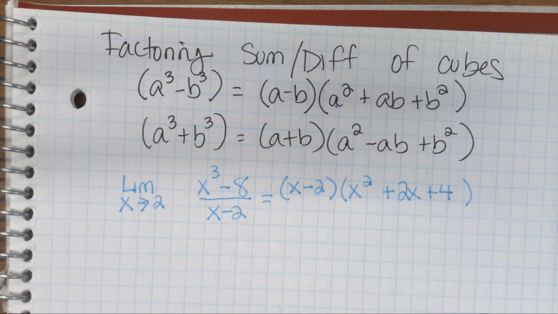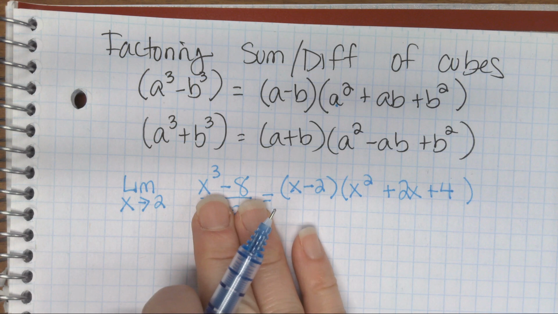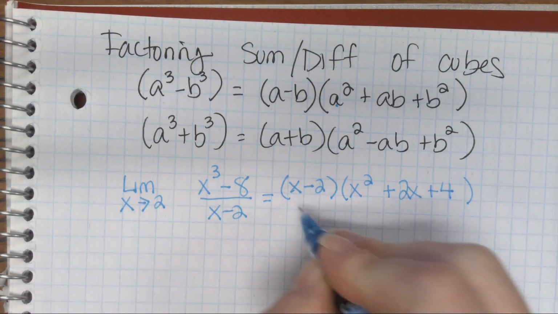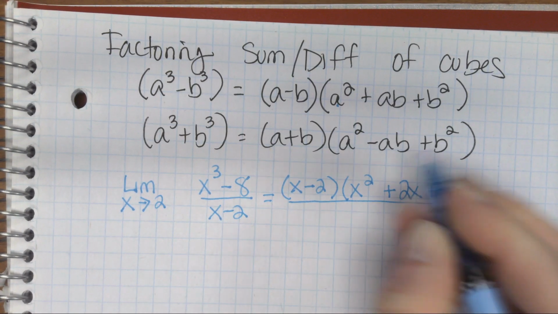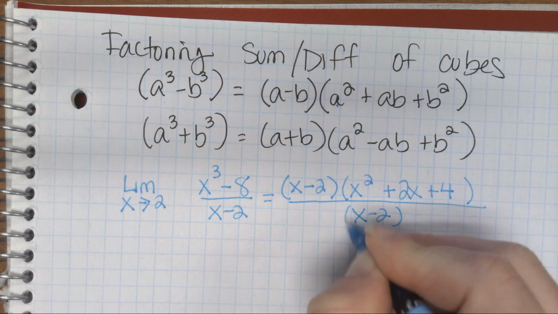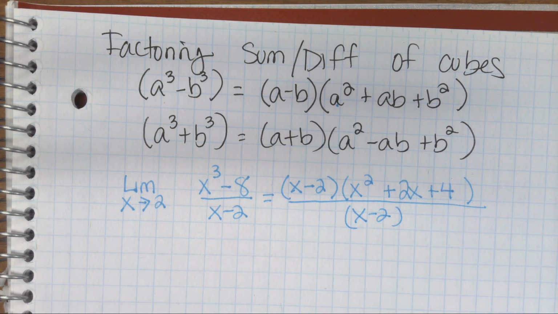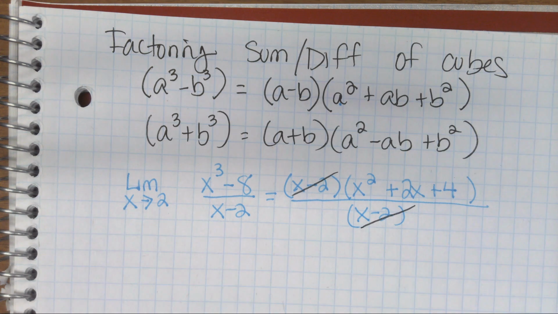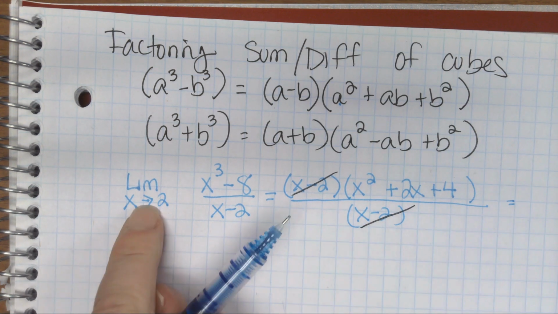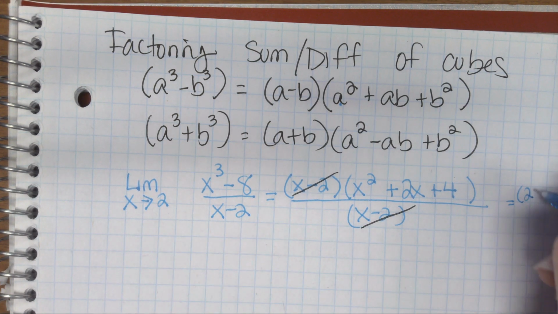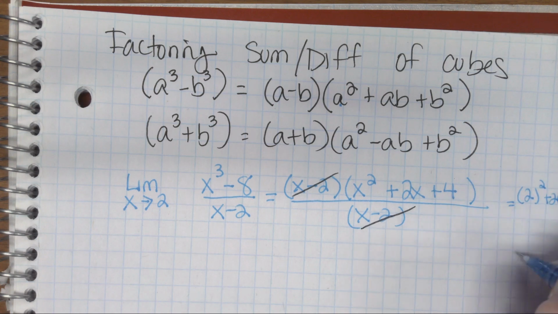Now, if you don't believe me, if you FOILed that out, you would get x cubed minus 8. On the bottom, I get x minus 2. What can I do now? Now you could cancel the x minus 2's, and plugging this in, I'd get 2 squared plus 2 times 2 plus 4, or 4 plus 4 plus 4, or 12.